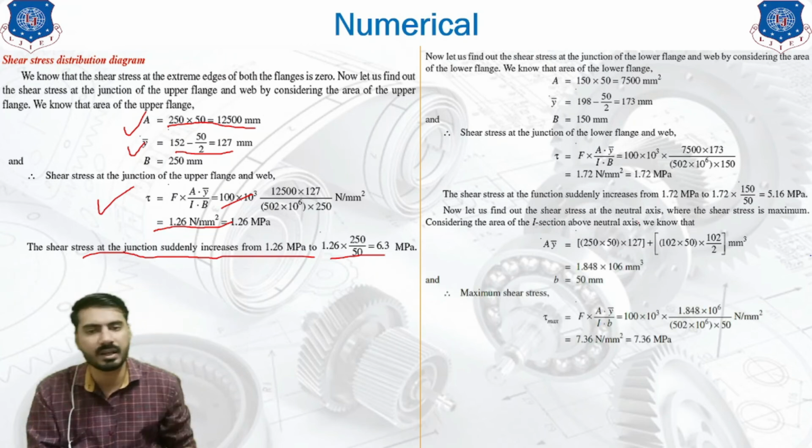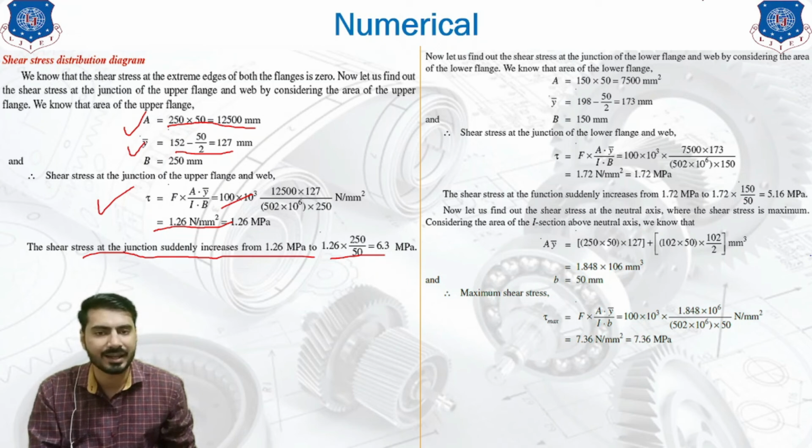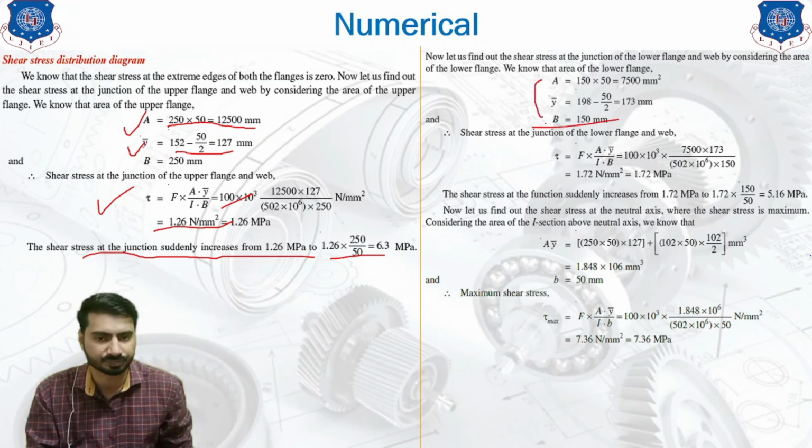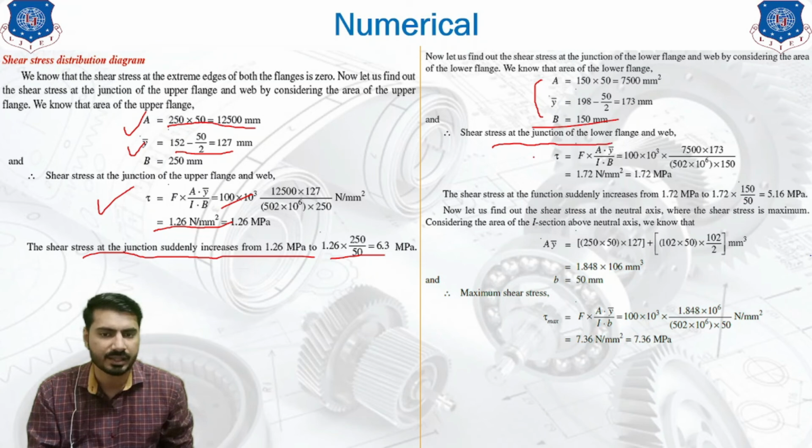Now let us find out the shear stress at the junction of the lower flange. So at the lower flange also we are taking this A Y bar and B according to our lower flange data. Then shear stress at the junction can be calculated using the same equation, only the distance will be different and A Y bar data would be different.